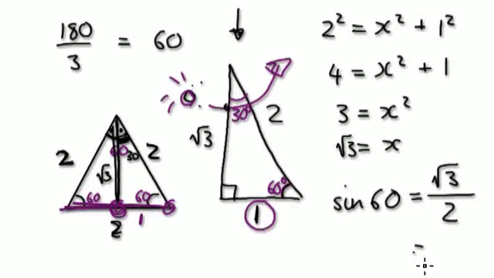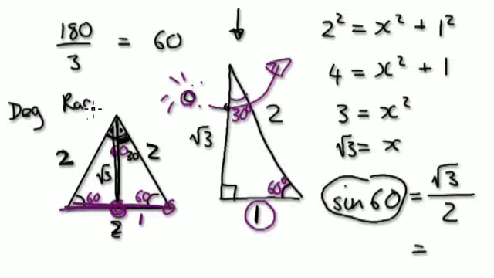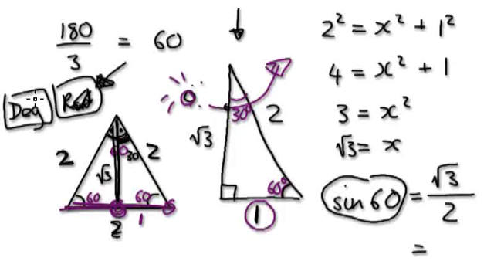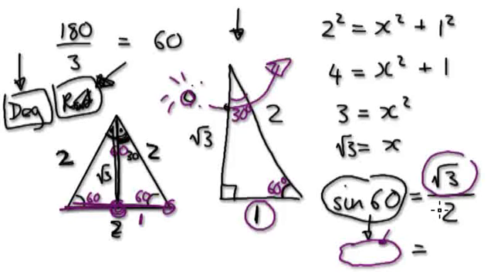Now, if you don't believe me, punch sine 60 into your calculator. Remember, you're working in degrees, so make sure your calculator is on deg and not rad. Rad is for radians, which is for when you're older. You will use radians later, but here you use degrees. Punch sine 60 into your calculator and you will get a number, and this number will be the same as the square root of 3 divided by 2.